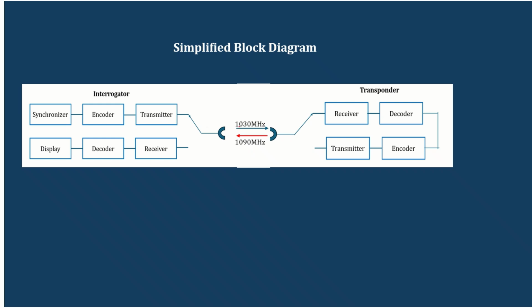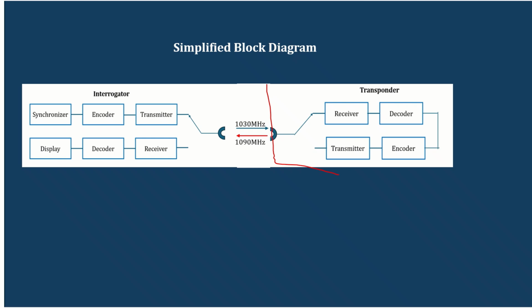The transmitting frequency is 1030 megahertz, and when it hits the aircraft, this is the transponder system inside the aircraft. When that antenna receives the signal, it is decoded, and based on that the aircraft sends back some codes through this transmitting system.